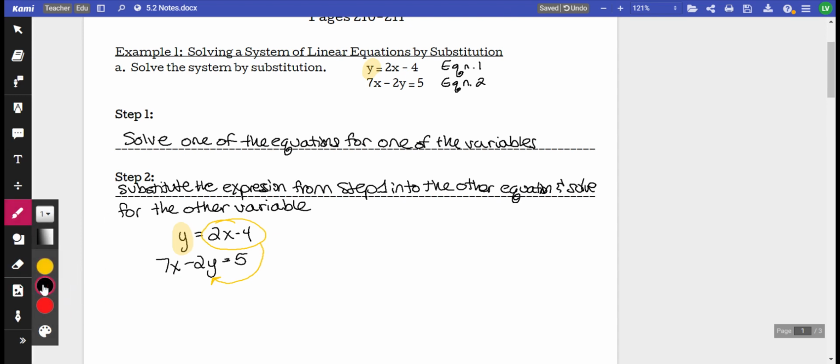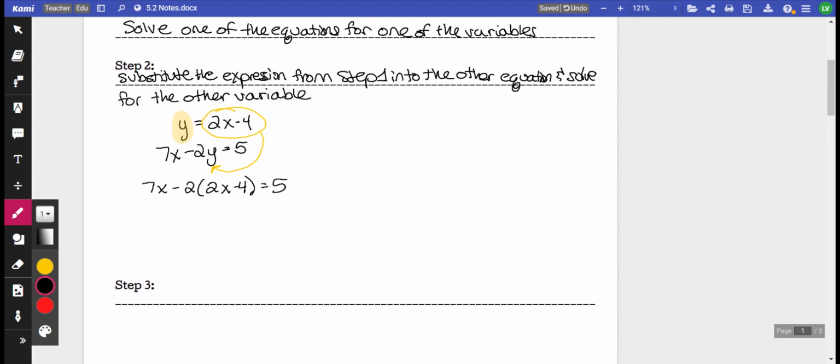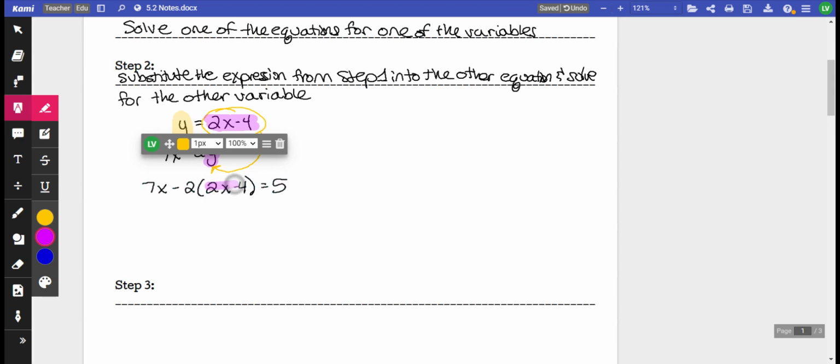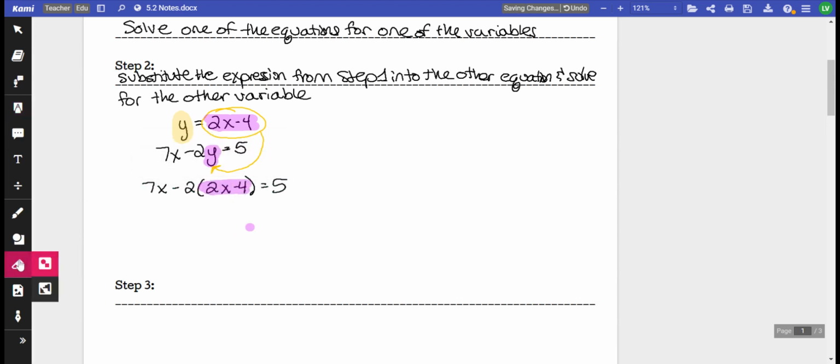So that means that my second equation becomes 7x minus 2 times the quantity 2x minus 4 equals 5. Now the reason why it's written that way is because 2x minus 4 is replacing that y. So this 2x minus 4 down here is the y value.